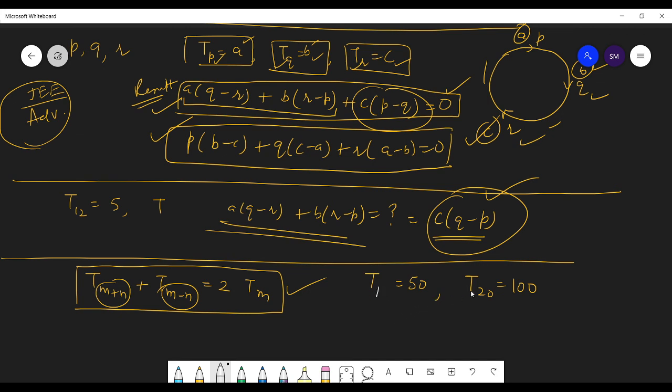T1 इज इक्वल टू 50 एंड T20 इज इक्वल्स टू 100. यहाँ 20 नहीं, यहाँ आपको करना पड़ेगा स्टूडेंट्स 9 करना पड़ेगा आपको. T1 इज इक्वल टू 50 एंड T9 इज इक्वल टू 100.